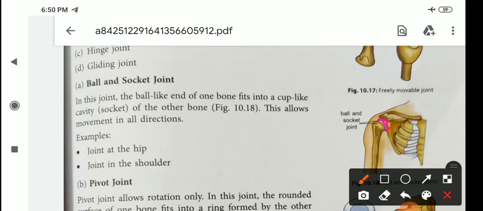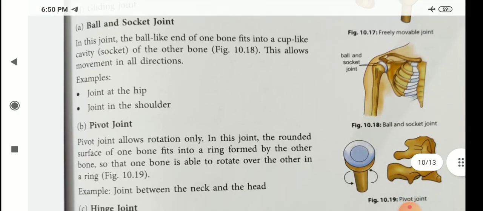This allows movement in all directions. Children, we can move our shoulder in all directions. So this is known as a ball and socket joint. Here two examples are given: joint at the hip and joint in the shoulder.